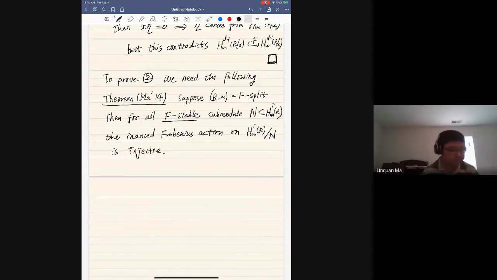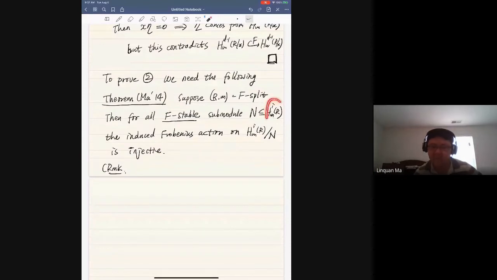Okay. So let me just put a remark. Each of the local cohomology modules, well, the thing I'm interested in is the local cohomology supported at the maximal ideal, but in any case each of these local cohomology modules has a natural Frobenius action, as I sketched at the beginning of the talk.